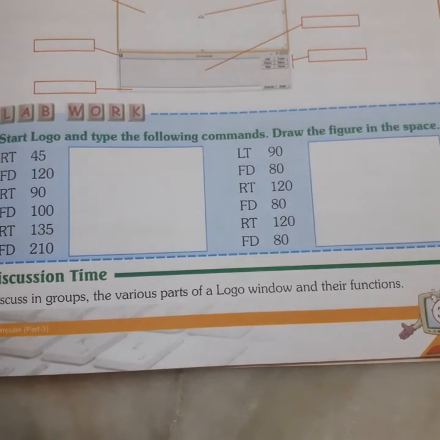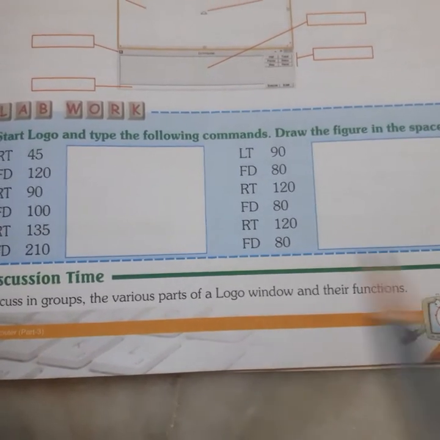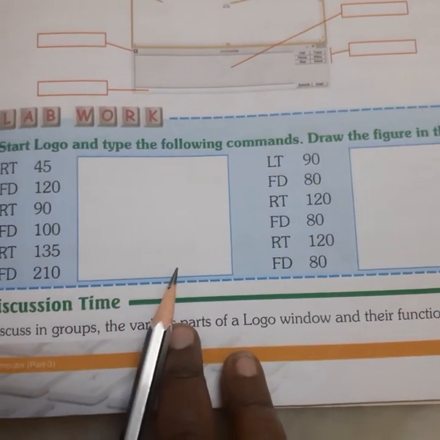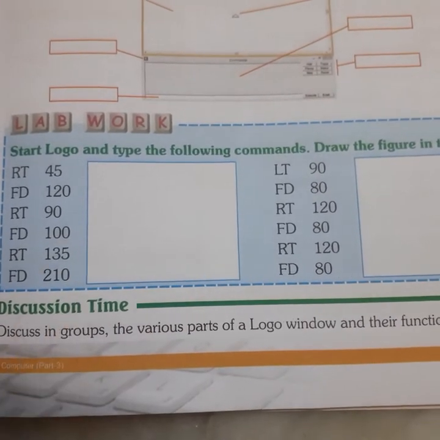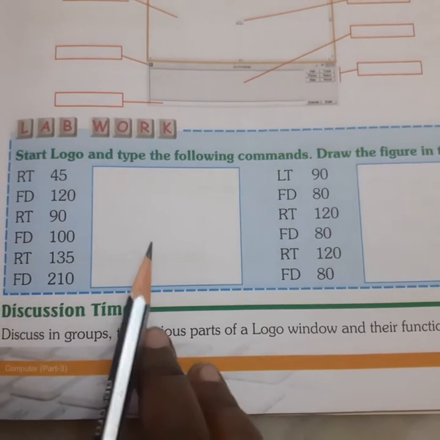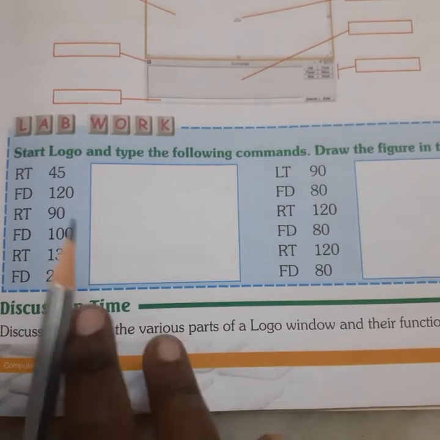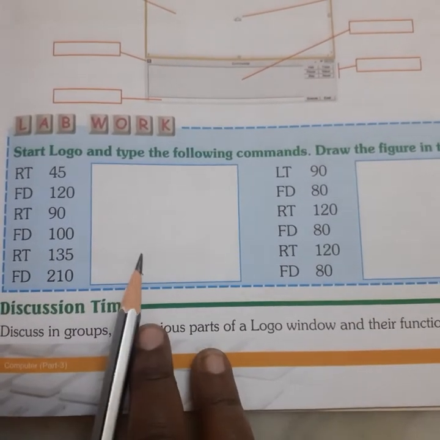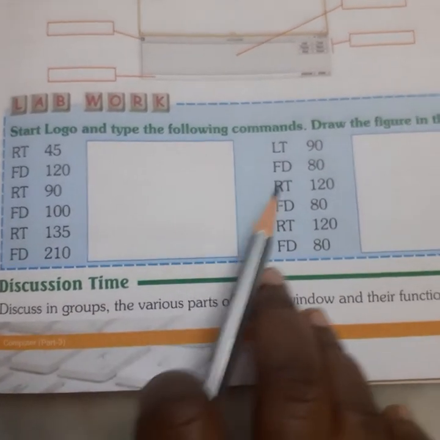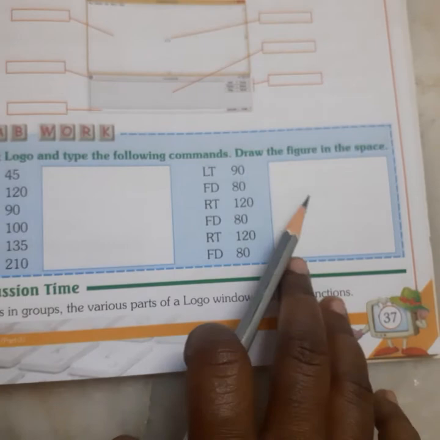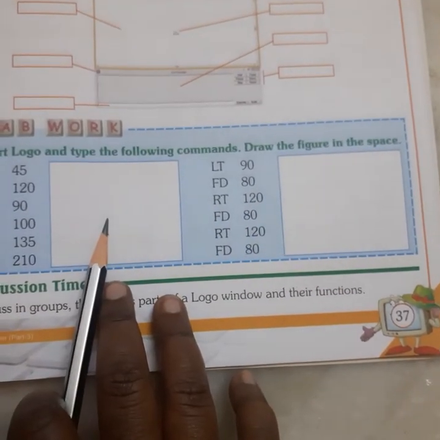This is lab work. And I already said that those who have computers should install Logo from Chrome or a web browser. After installing Logo, you can type these commands. Then one picture will come. How will it come? I will show this on a computer.